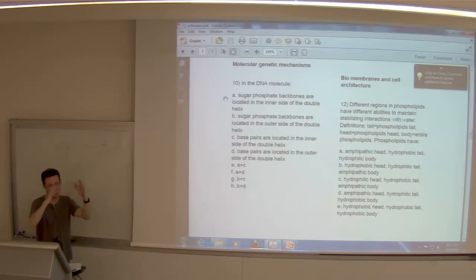The sugar phosphate backbones are from the outside of the DNA, right? And this is what B tells you. Sugar phosphate backbones are located in the outer side of the double helix, so B is correct. And let's continue with C. Bases are located in the inner side of the double helix. They complement the picture, so that's true, and that definitely says that D is incorrect. B and C, which is G.